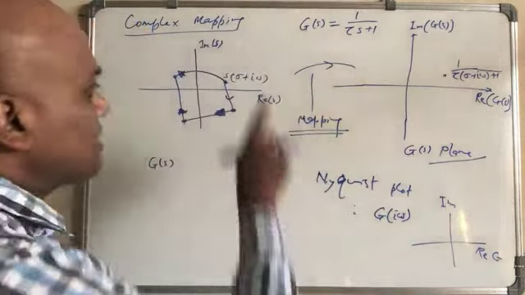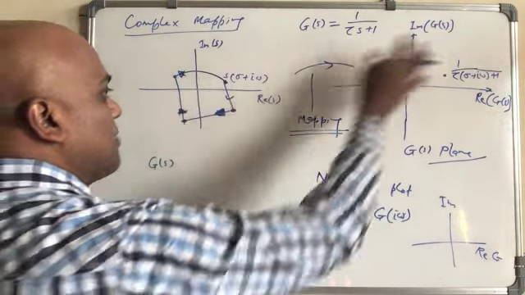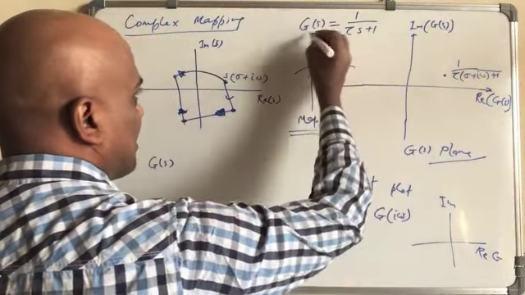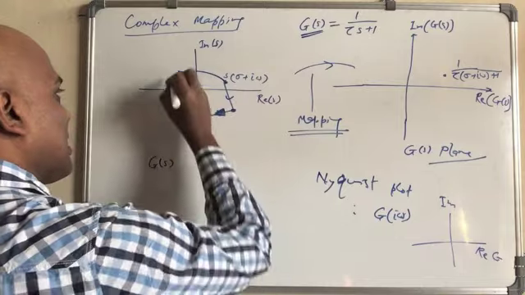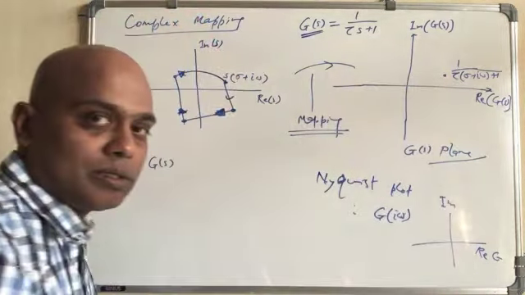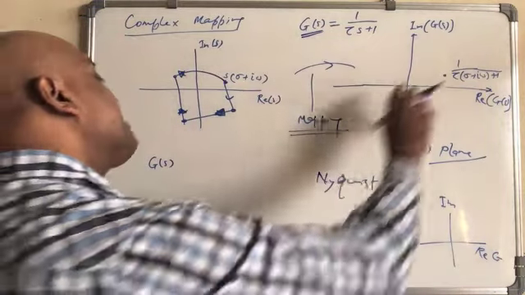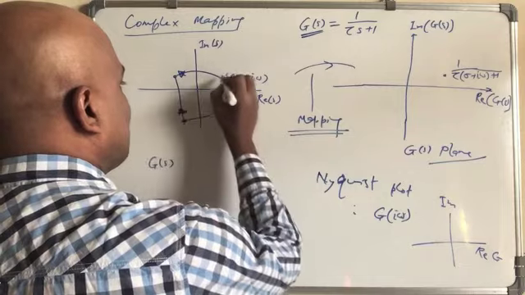In complex mapping, the mapping theorem is based on this: if you have a function G(s), and on the S-plane you are going in a loop, then how does this move? It will be a loop for sure, because you are starting from here and it has to come back to here.